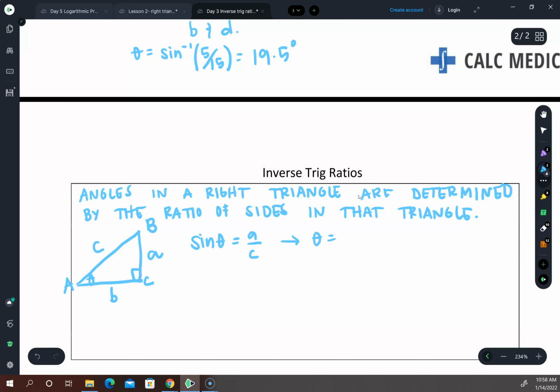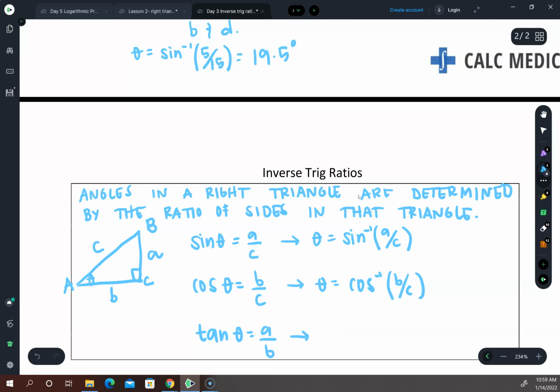But to find the angle measurement, it will be inverse sine of that ratio A over C. So cosine of theta is going to be your adjacent side, which is B over C. So in this case, it will be inverse cosine of B divided by C. And tangent of theta is going to be A over B, opposite over adjacent. So theta is going to be inverse tangent of A over B, of that ratio. Alright, so take a second and work through numbers 1 through 5 for me.